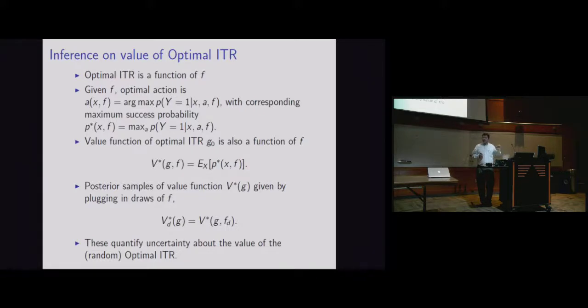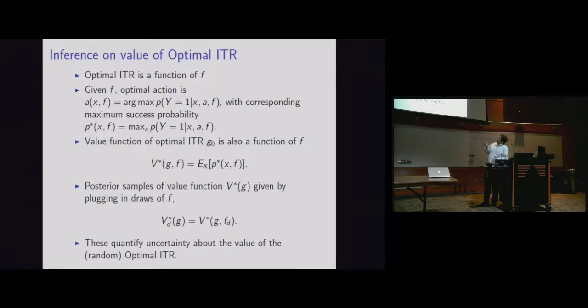Okay. So in fact, we can do this for any ITR, any rule G. We also can actually do it for the optimal ITR. The optimal ITR is, again, a function of this random F. So given F, we know what the optimal action is, right?